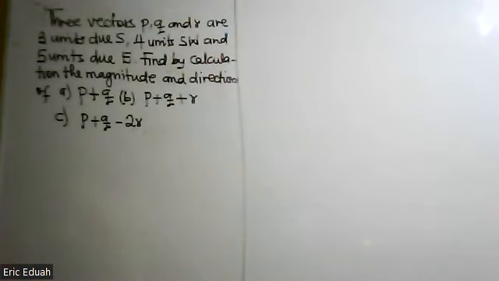Find by calculation the magnitude and direction of A, P plus Q, B, P plus Q plus R, and C, P plus Q minus 2R. So this is the problem of the day. Start work.